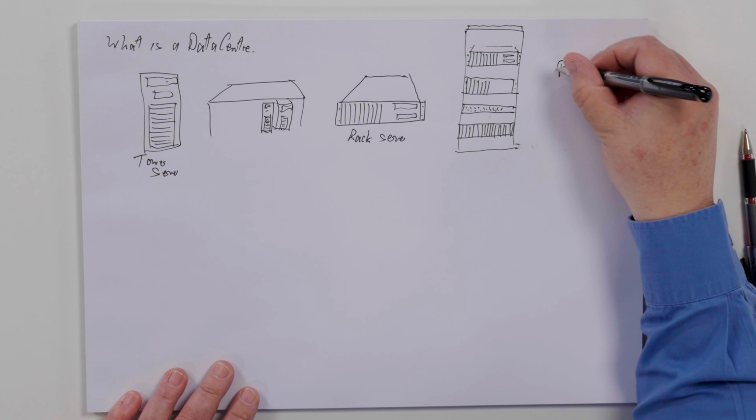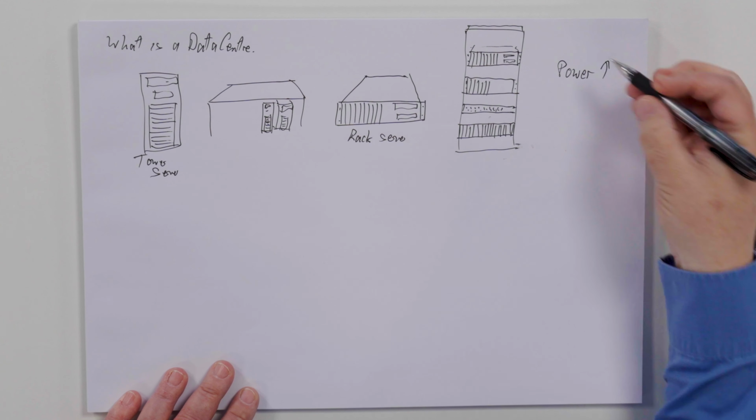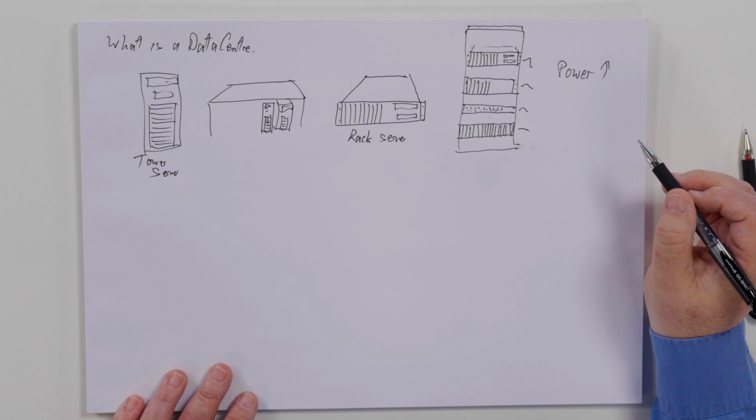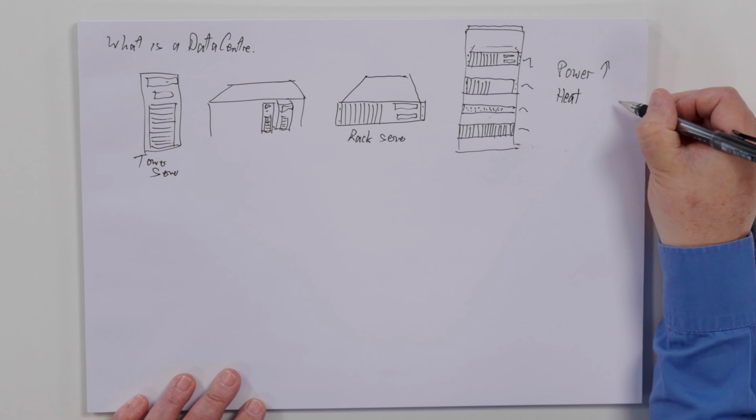If you're still maintaining this kind of technology in a rack, in an office environment, you've now got a few problems. So you've now got the requirement for power, and that is certainly going to go up, because each of these devices that you have inside here will need to be connected to power. The other problem you're going to have is heat.